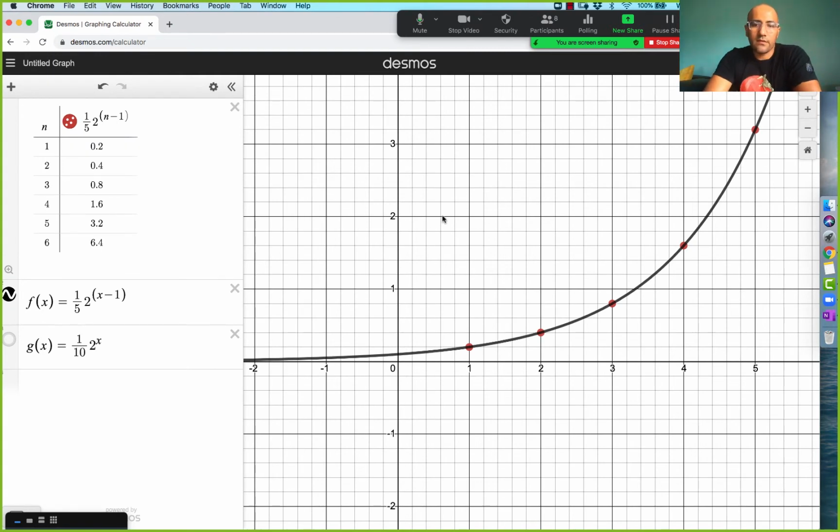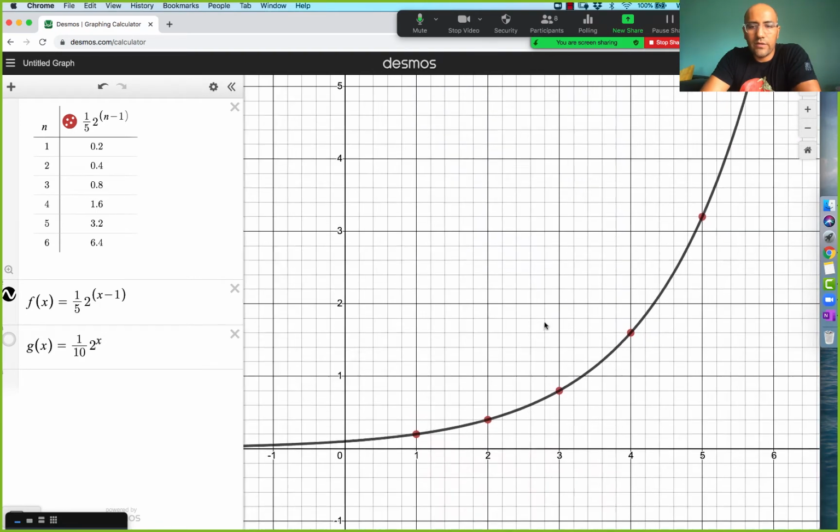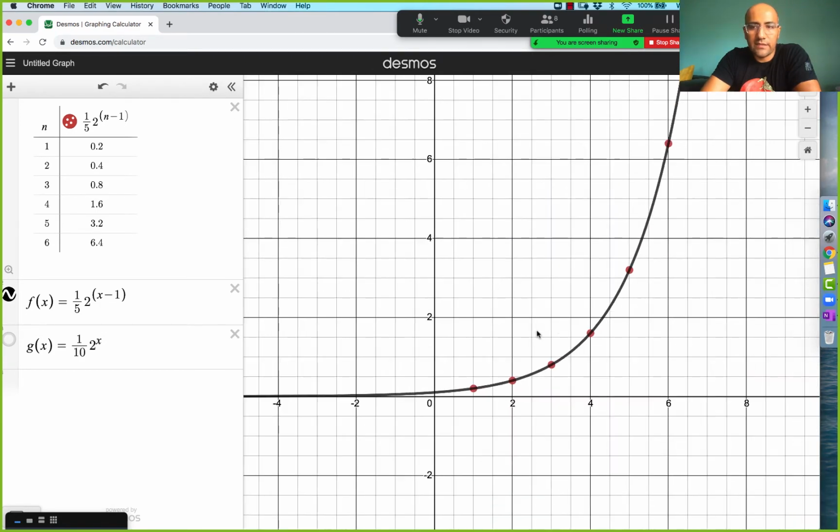Any questions about that? It's a very subtle difference, but I think it's something to really pay attention to when you get to something related to this in calculus.